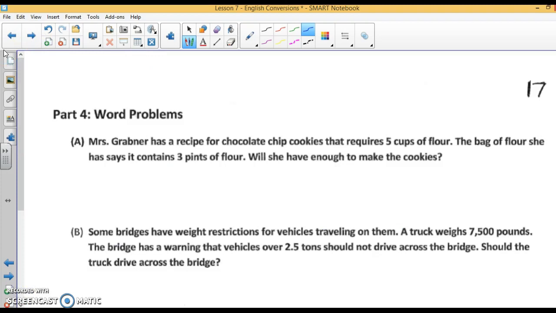All right, let's look at some applications. Mrs. Grabner has a recipe for chocolate chip cookies that requires 5 cups of flour. The bag of flour she has says it contains 3 pints of flour. Will she have enough to make the cookies? Well, we need to change. The 2 things we're dealing with are pints and cups.